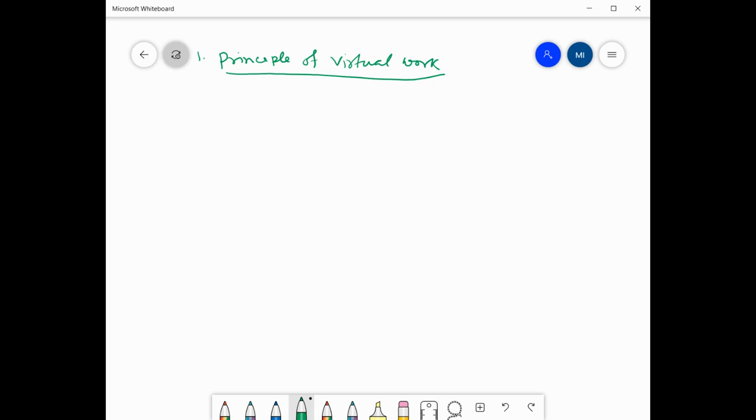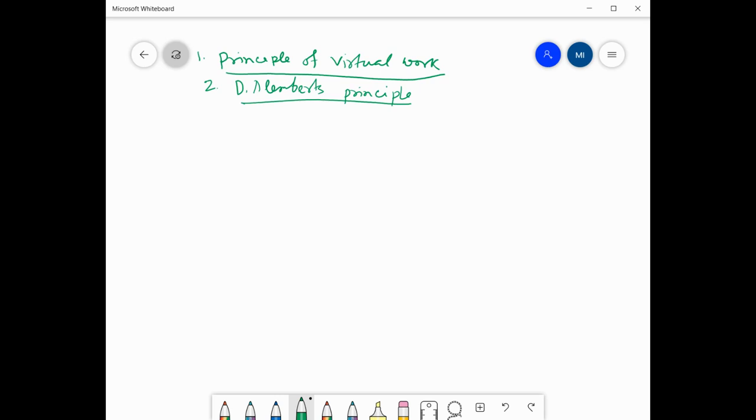Another thing that I will also discuss is D'Alembert's principle. This is very important. These two principles have to be considered.